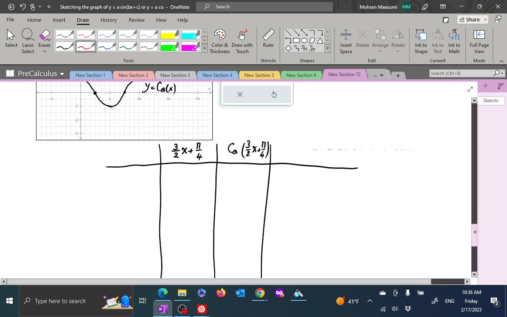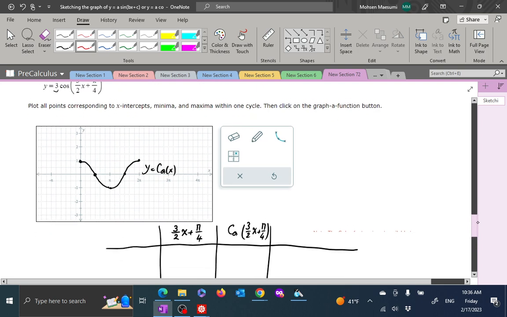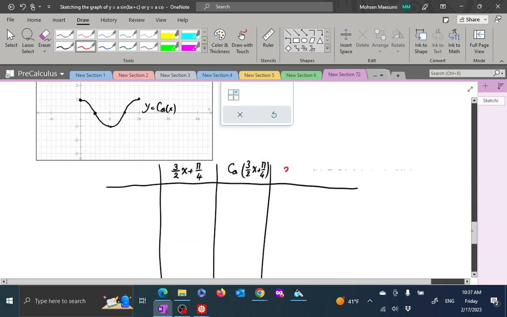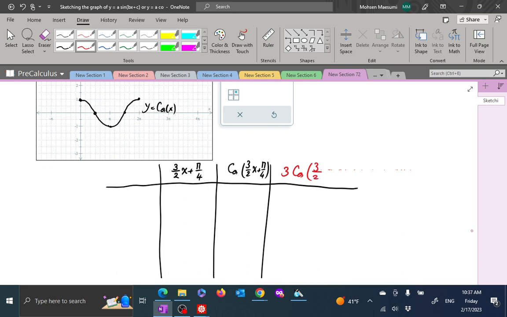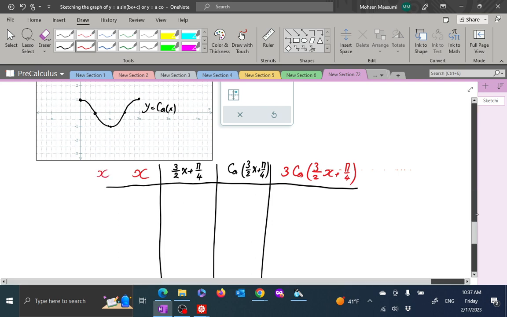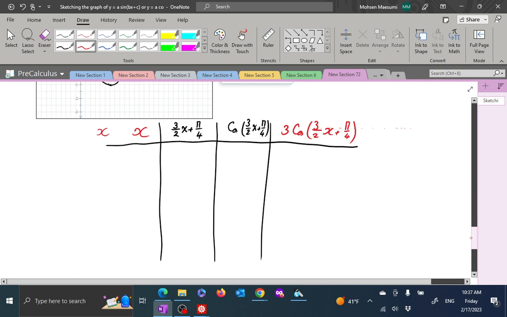Then we are tripling this thing, so triple cosine of 3/2 x plus pi over 4. We are going to need our x, and if all x's don't have the same denominator, we need to put them in the same denominator just so that our life will be easier and we won't be battling fractions in the middle of graphing and everything.